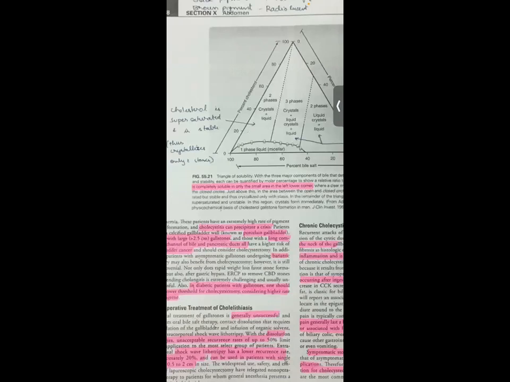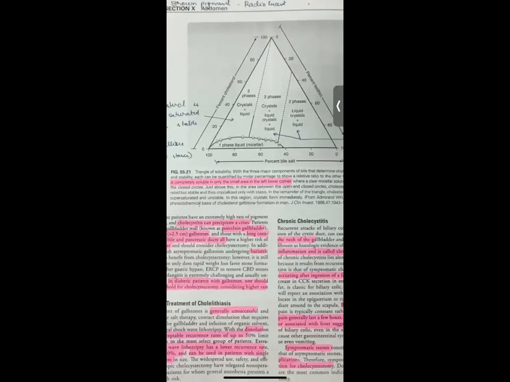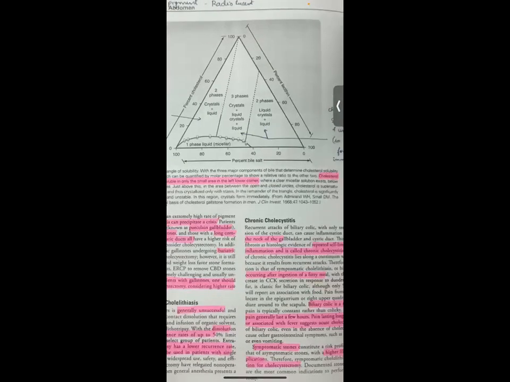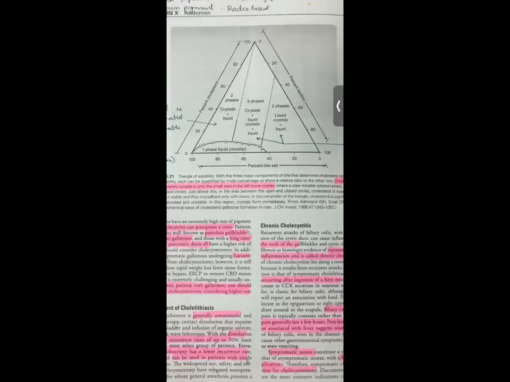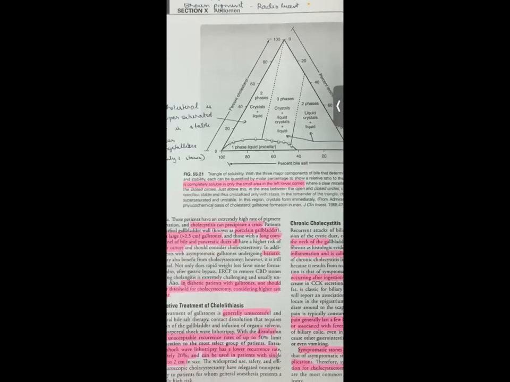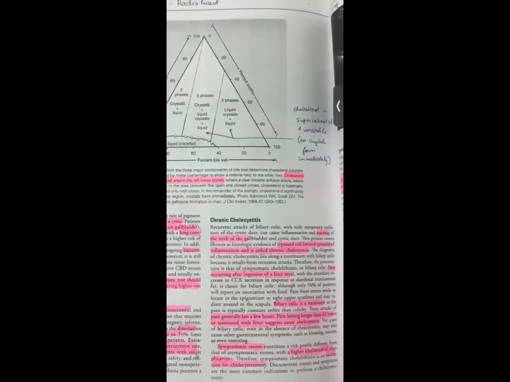In the next, three phases: crystal, liquid crystals, and liquid. In the liquid crystals plus liquid phase, cholesterol is supersaturated and unstable, and crystals will form immediately. Only in the first two, crystal plus liquid, do stones form when there is bile stasis. That is the image.